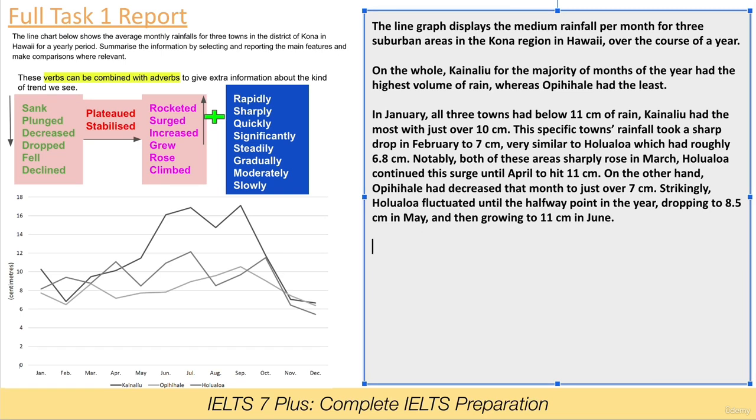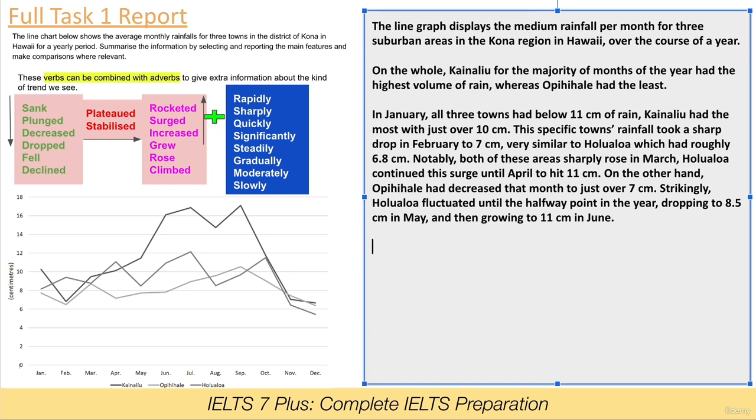Very similar to Holualoa, which had roughly 6.8 centimeters. Notably, both of these areas sharply rose in March. Holualoa continued this surge until April to hit 11 centimeters. On the other hand, Opihihale had decreased that month to just over 7 centimeters. Strikingly, Holualoa fluctuated until the halfway point in the year, dropping to 8.5 centimeters in May and then growing to 11 centimeters in June. Okay, I think that's good.